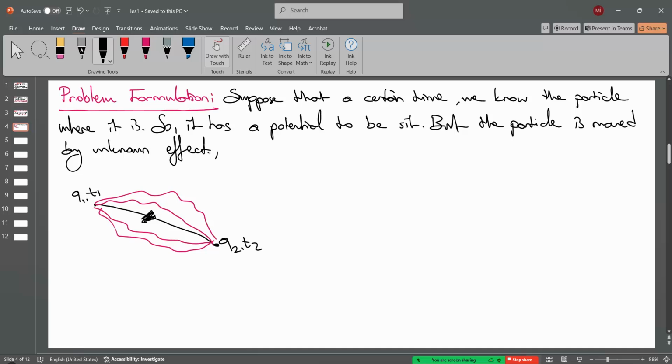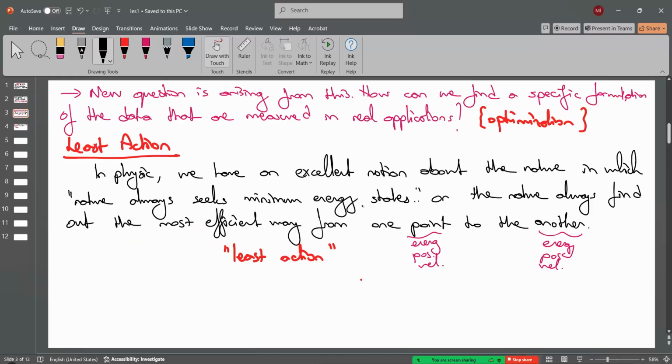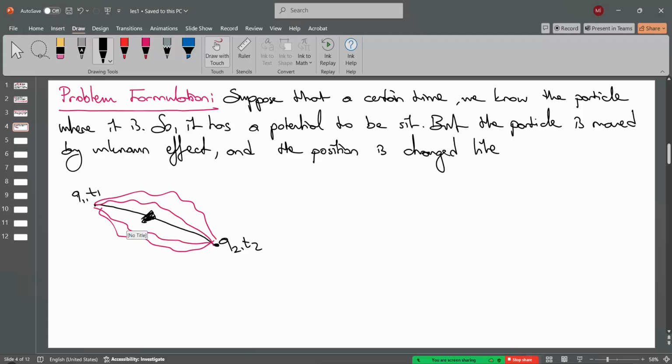Maybe it's a torque or a force, we don't know, but the position is changed like this one. Okay, and so if nature always seeks the minimum energy states, in real life Q1 is moved into Q2 in the best pathway. But what is the proof, or where is the proof of these terms?